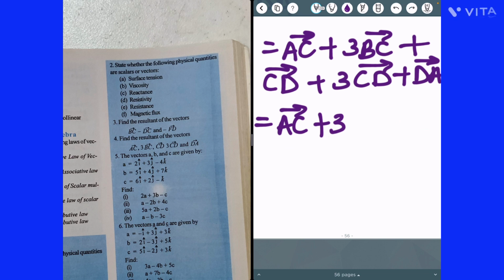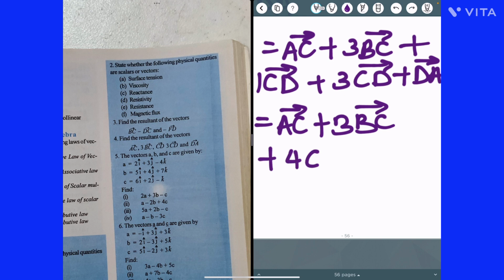Let's go back and make some adjustment. AC plus 3BC. Let me just leave that. I'll compute that later. But I can put these two together. CD plus 3CD is 4CD, because this is 1CD plus 3CD. So that gives me 4CD. I've reduced my question into AC plus 3BC plus 4CD plus DA.